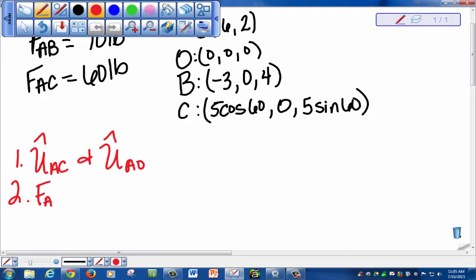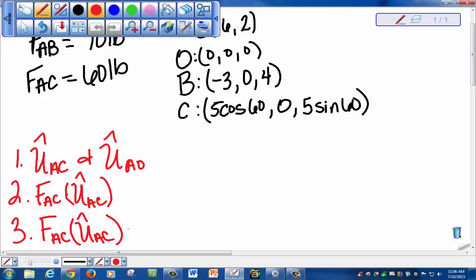So we're going to say FAC times the unit vector AC. Then lastly, we're going to do the dot product of that new force that we just calculated in step 2 with the unit vector of AO.